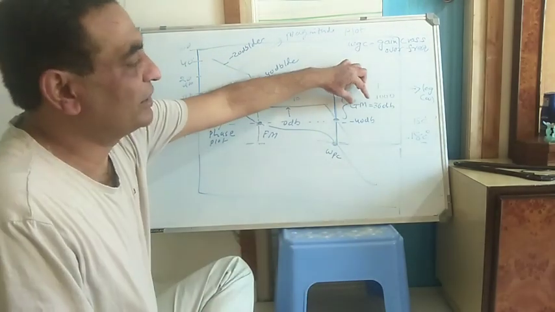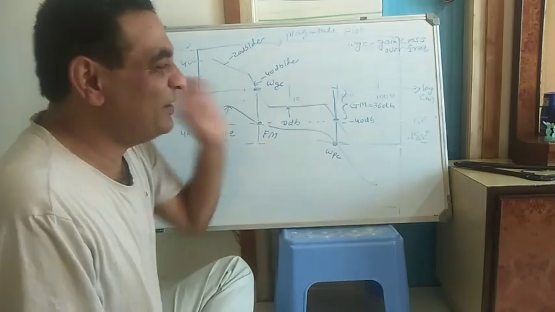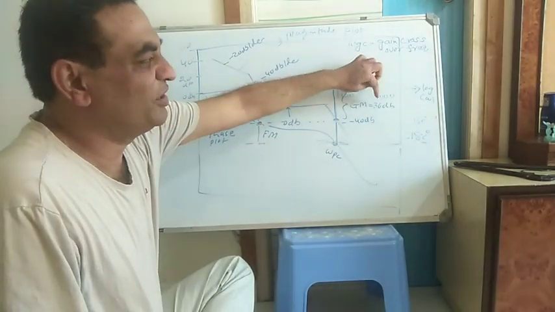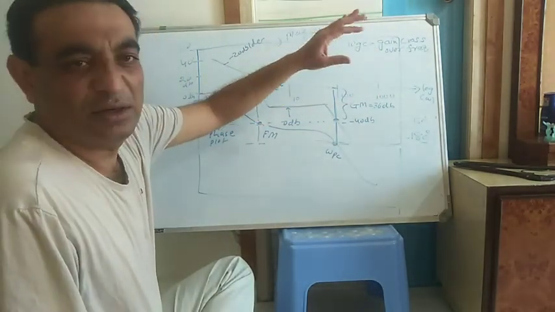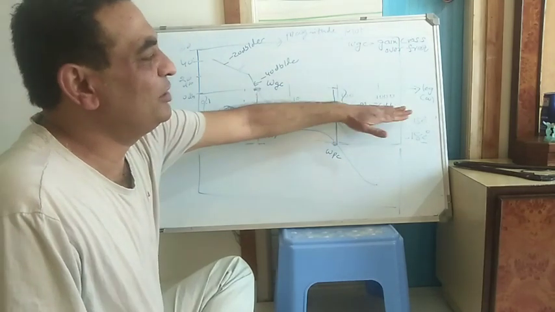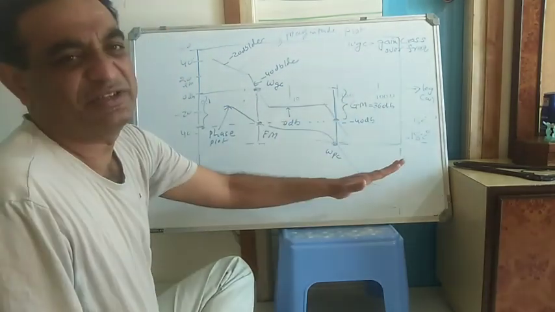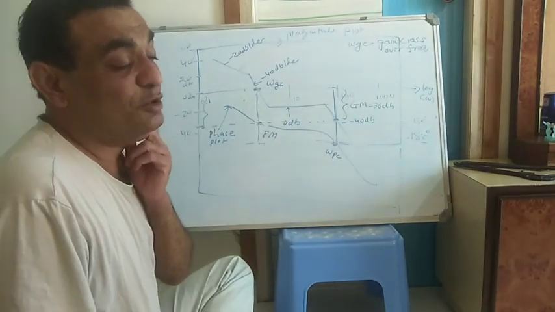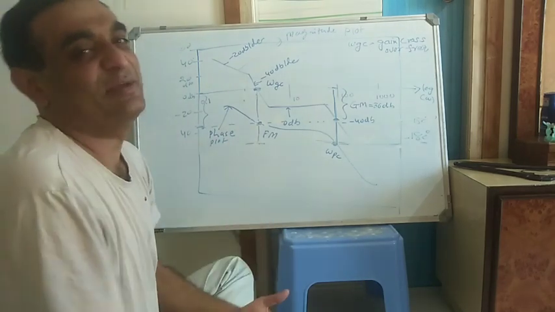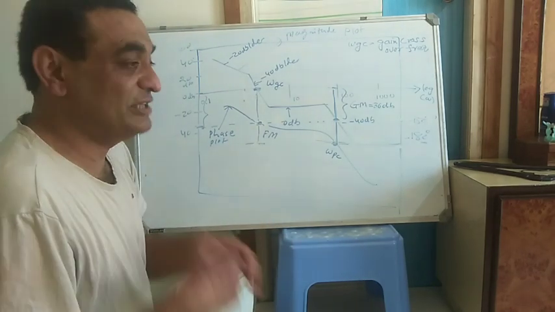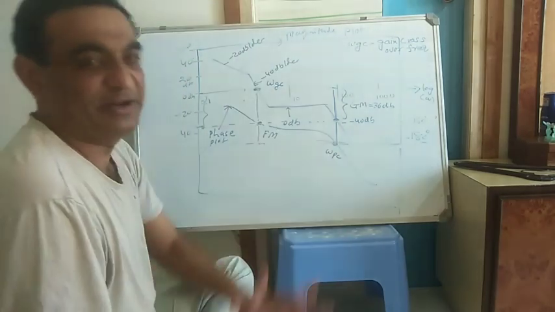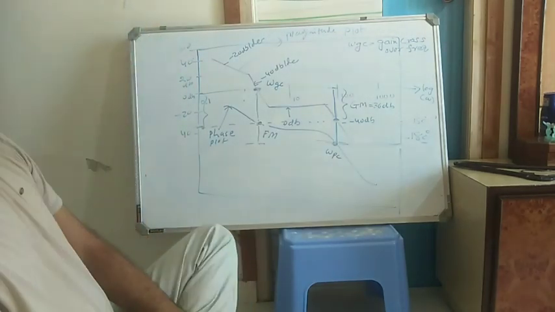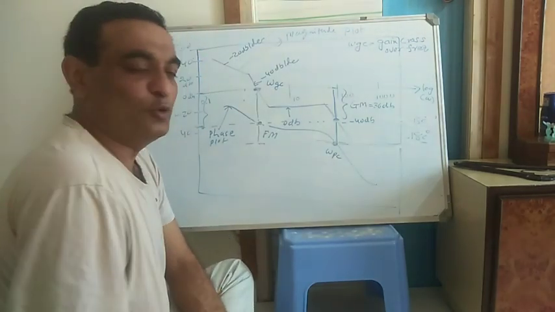Here the gain margin is 36 dB. It means it still has a cushion of 36 dB before instability. It can lose 36 dB before becoming unstable. So the margin of stability is actually the margin from instability.